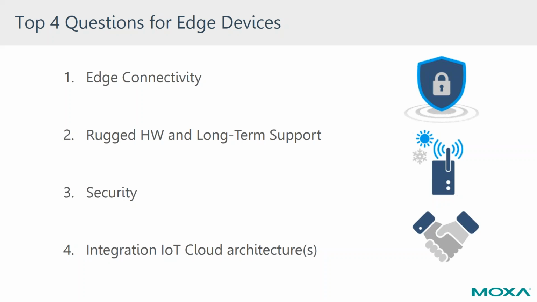First one is around edge connectivity. Second one is around rugged hardware, long-term support. Third being security. Many times this is the first question that gets asked because you are directly connecting OT systems into an IT environment, sometimes in a public cloud. And then the fourth one being the integration of those cloud architectures and how does that work when you're bridging OT directly to IT in this single device.